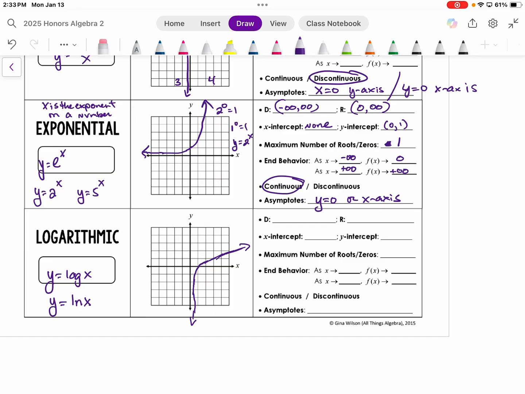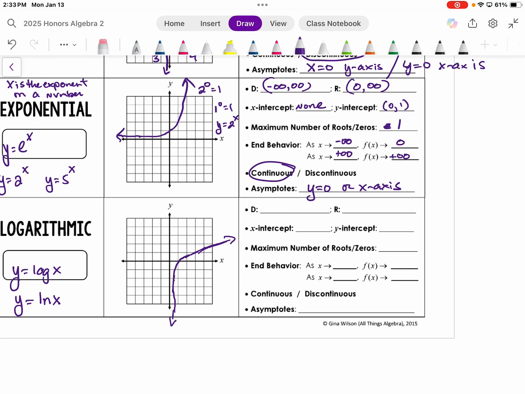It eventually goes up to infinity, but it takes forever. My domain is 0 to infinity. We can't take a log of a negative number or 0.